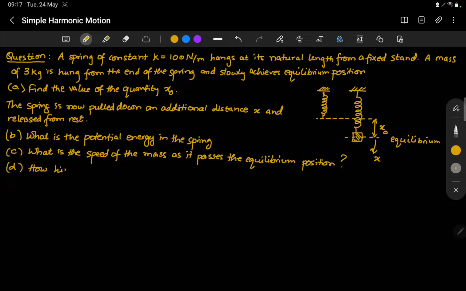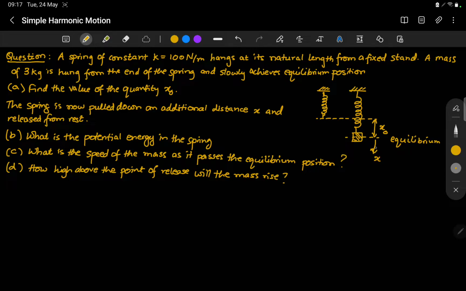How high above the point of release will the mass rise?